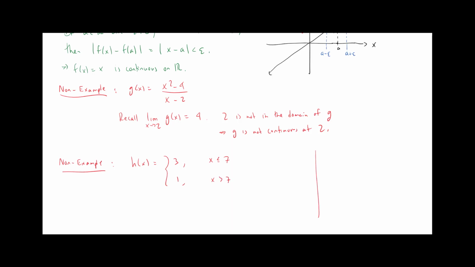So pictorially, our h of x, you say, okay, well, before you get to 7, it's up here at 3. But then once you get to 7, it's going to drop down to 1. And we've already seen that the limit as x approaches 7 of h of x does not exist.